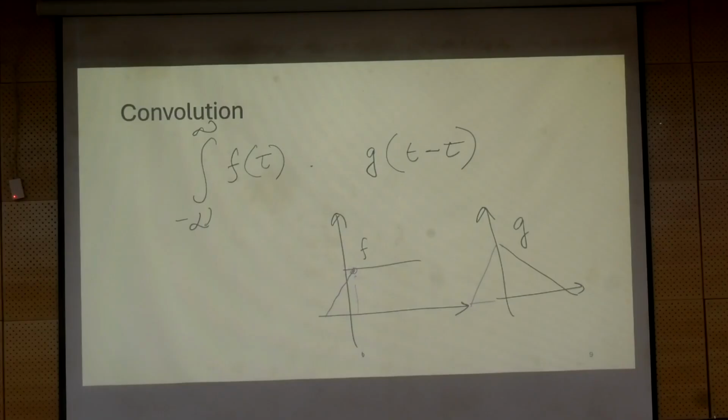Then you move g further by one sample, like the next tau. So the function would be like this, right? At every instant you will get a different output. So multiplying function f with the flipped, shifted function g gets you the convolution.